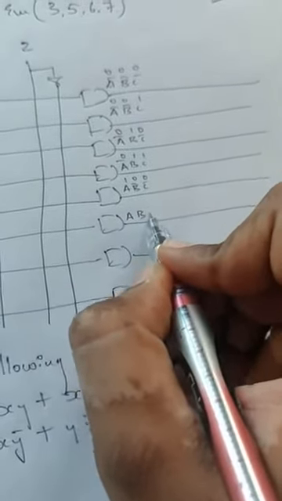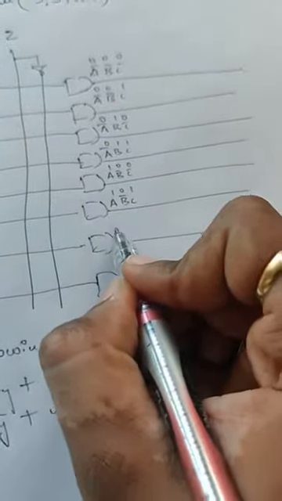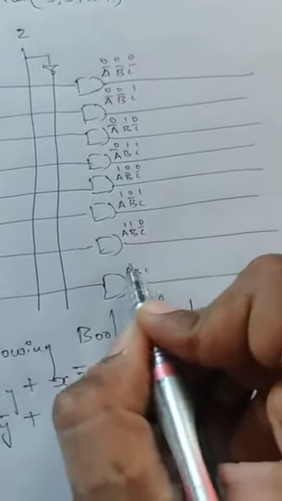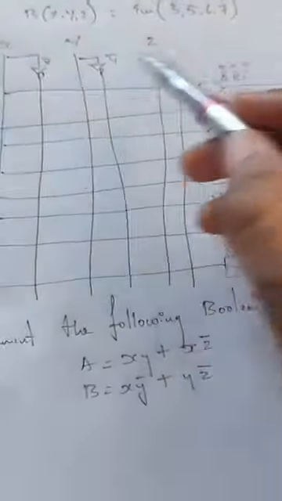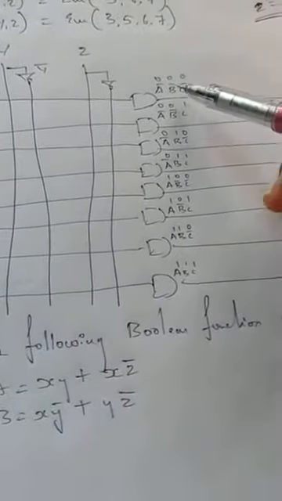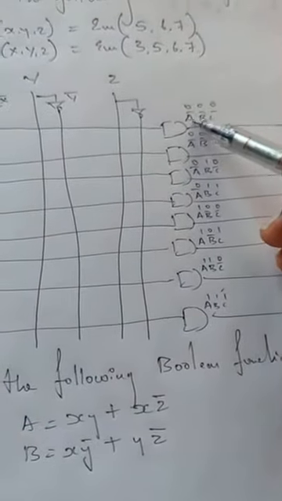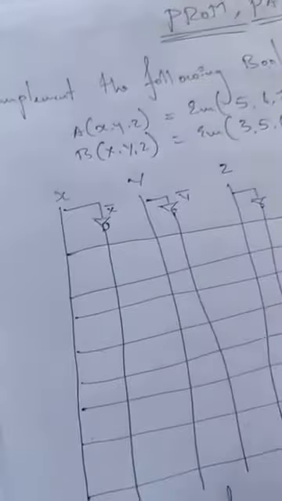A, B bar, C, 1, 0, 1. Then A, B, C bar, 1, 1, 0. Then A, B, C, 1, 1, 1. That is 3 to 8. When we have 3 inputs, I have written a truth table from 0 to 7. So when we have A bar, B bar, C bar, just mark where it is.